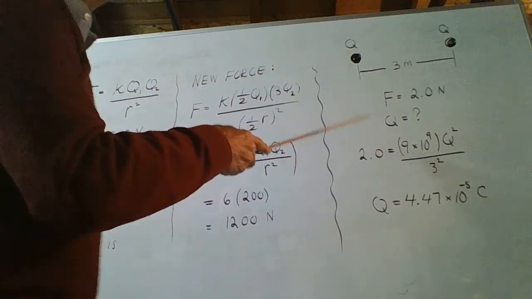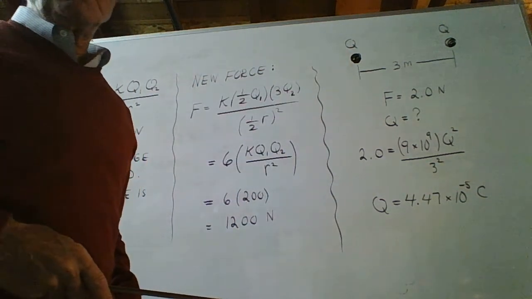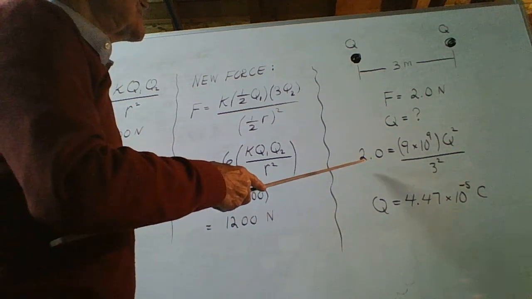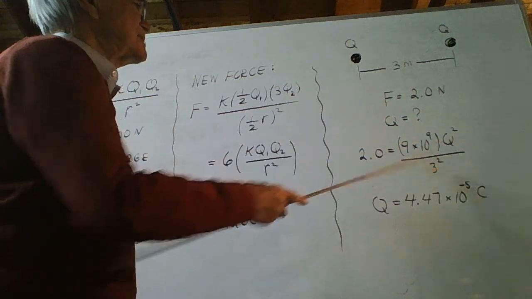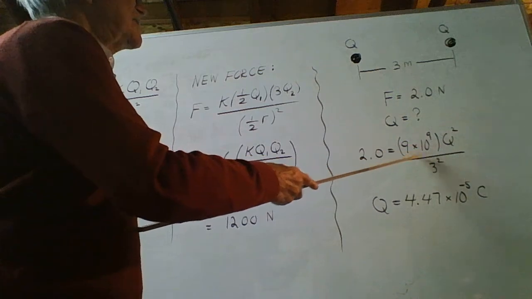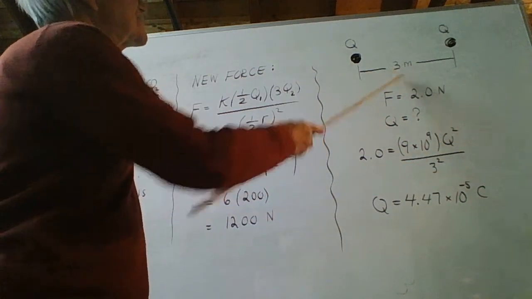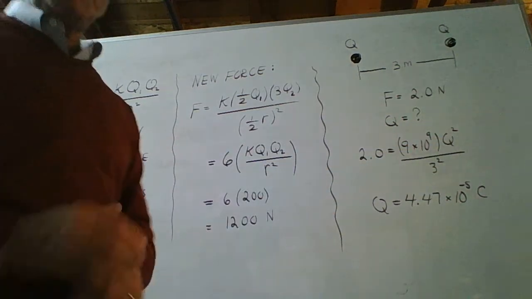And we want to find out what must be the charge on each object, that charge being the same in both places. So we have force equals K times QQ divided by the distance squared. The force is 2, there's your K, there's your Q times Q, divided by the distance here squared. Solve that equation for Q and you get that number.